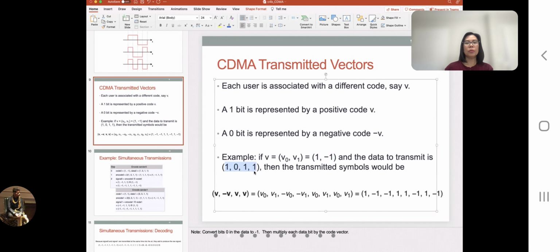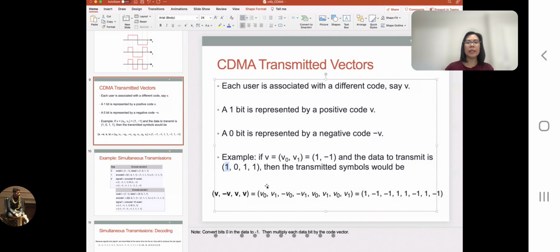So basically, 1 would be V, 0 is -V, 1 is V, 1 is V. And what is V? V is 1, -1. So we have 1, -1 here for these two. What is -V? -V would be -1 and then 1, so that's why we have -1, 1 here.